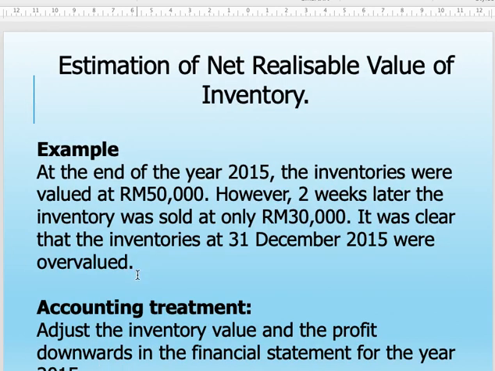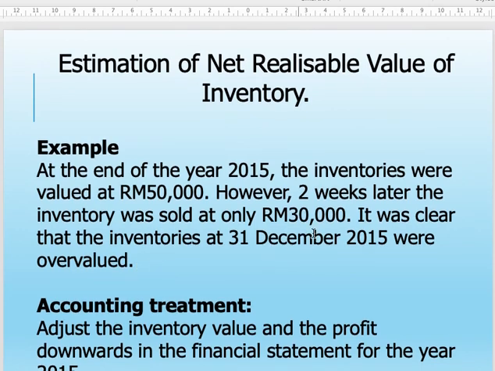Okay, next one. At the end of year 2015, the inventories were valued at 50,000. This is what you have reported in your financial statement, in your SOP. However, two weeks later, during the adjusting event, the inventory was sold at only 30,000. This is the net realizable value, because when you value your inventory, it should be at cost or the lower of cost and net realizable value.